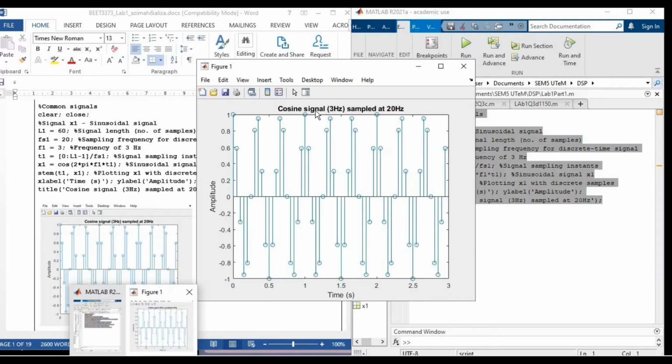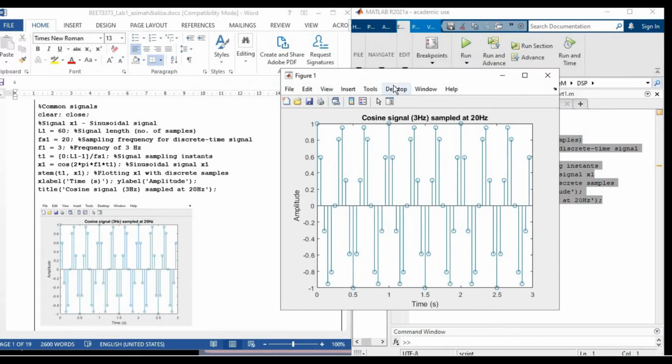So this is a graph for the sinusoidal signal, a cosine signal, 3 Hz sampled, showing amplitude and time.